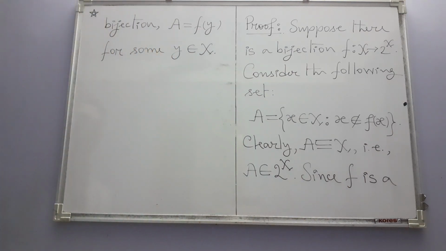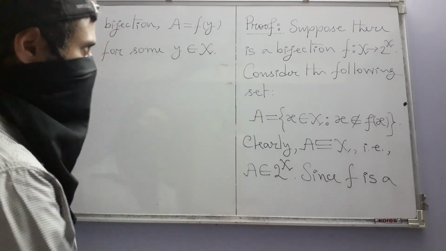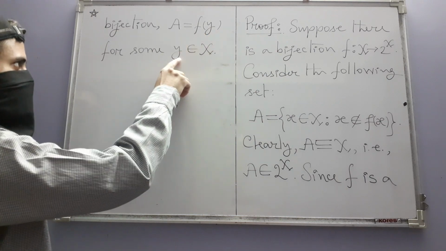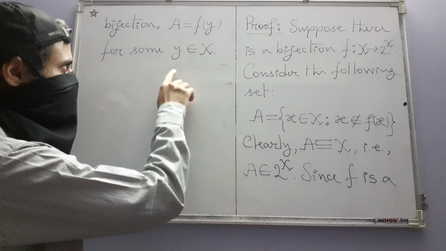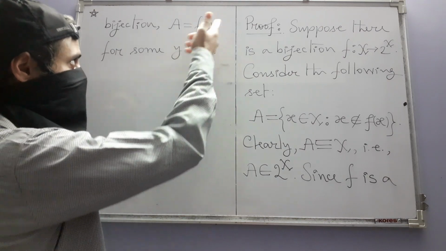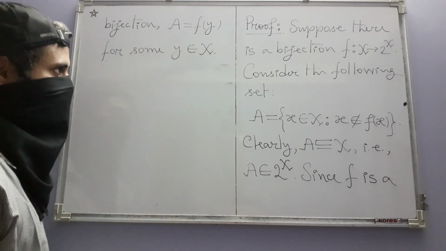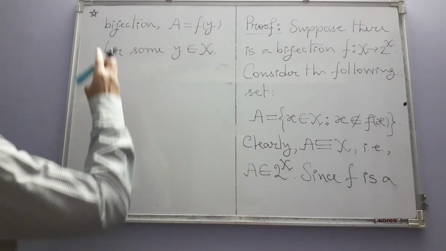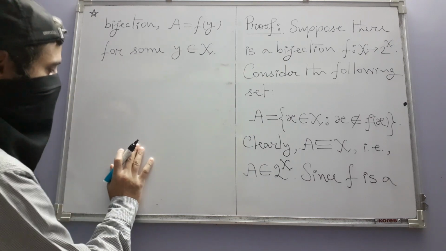You realize that this is a consequence of f being surjective, that means onto. Okay. Now a question can be raised. Since y is an element of X, we can ask whether y is an element of f(y) or not, that is, whether y belongs to A or not. Let's see what happens if we try to answer that question.